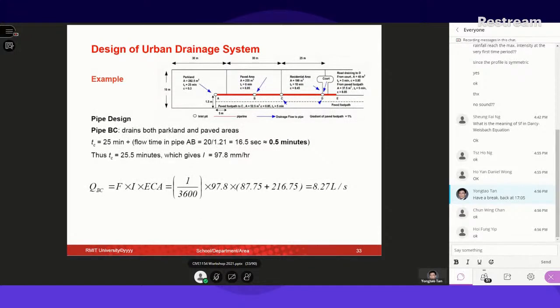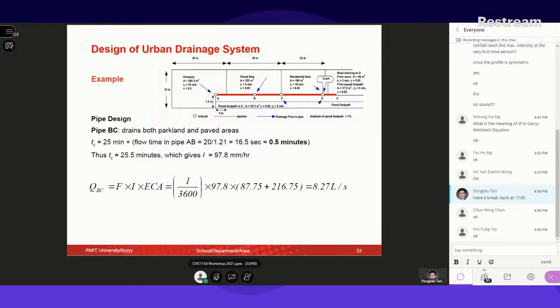Okay, next is pipe BC. Pipe BC drains both the parkland and the paved area. It drains the paved area from pit B, and also drains the runoff from pipe AB.